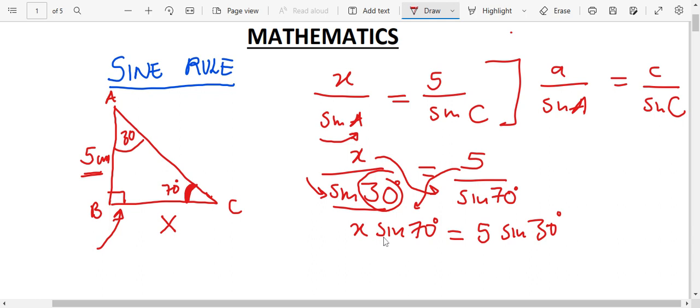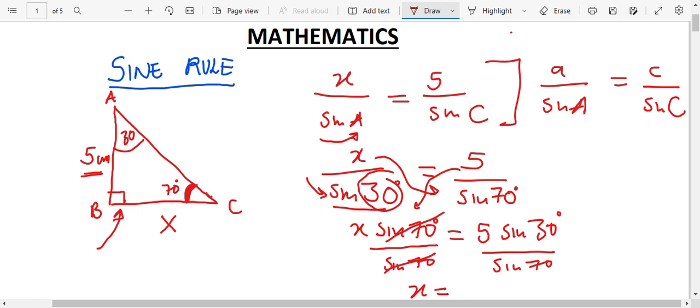Okay. So now for me to remain with x, I'm going to divide both sides by sine 70. Even this side by sine 70. The sine 70 here and the sine 70 here is going to cancel. Meaning that x is going to be, now you get your calculator. What remains is just for you to punch on the calculator.